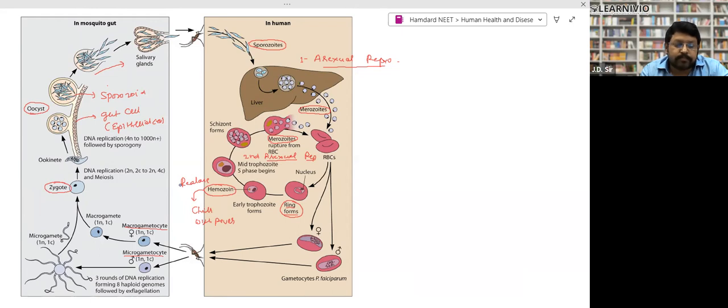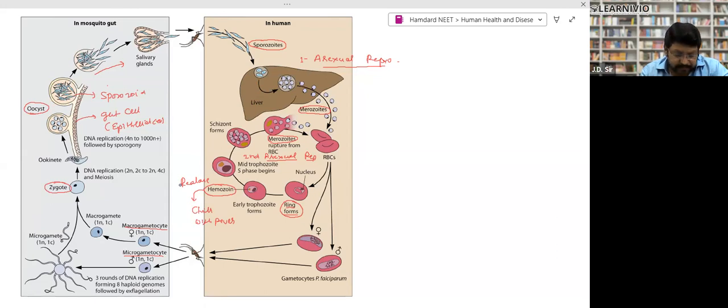Full stop. Hemozoin is responsible for shivering and chilling, with high fever. Full stop.